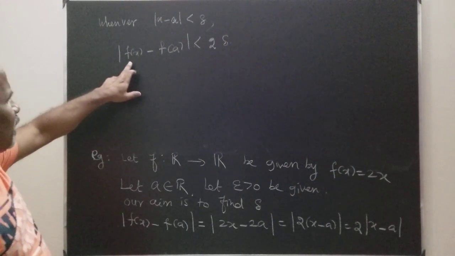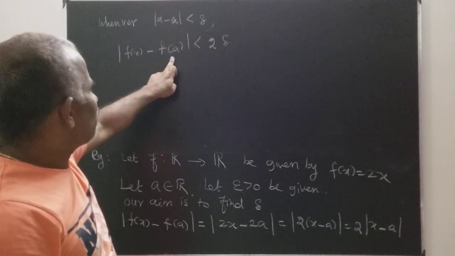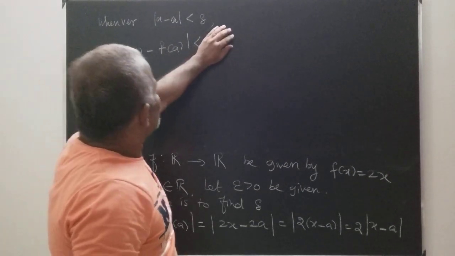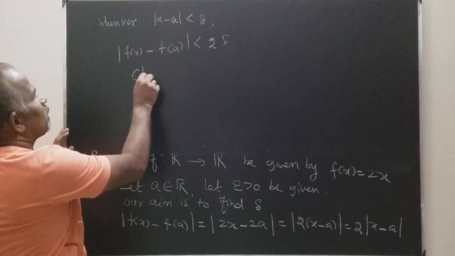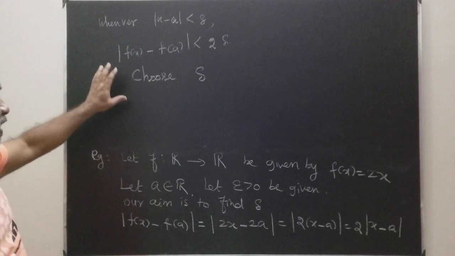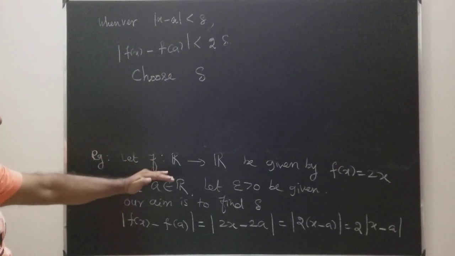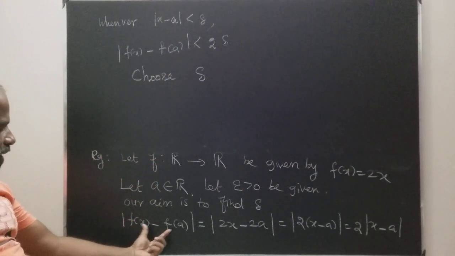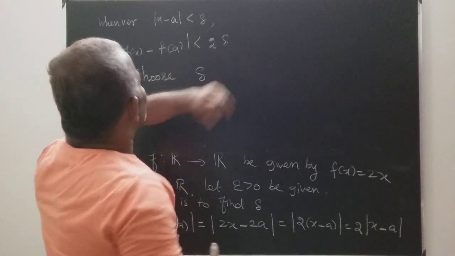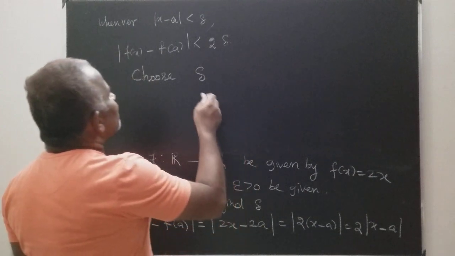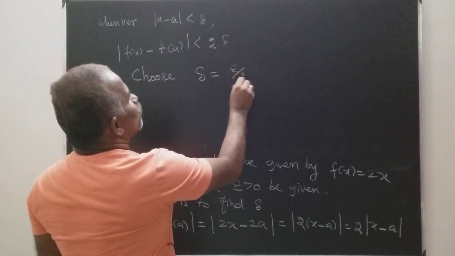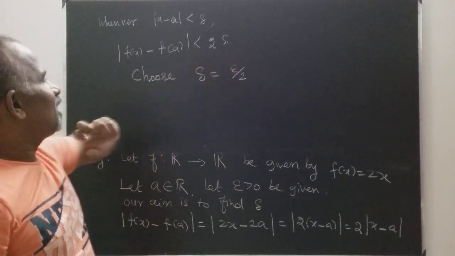But actually, modulus of f of x minus f of a must be less than epsilon, so we have to choose delta accordingly. When does it become less than epsilon? Delta is equal to epsilon by 2.